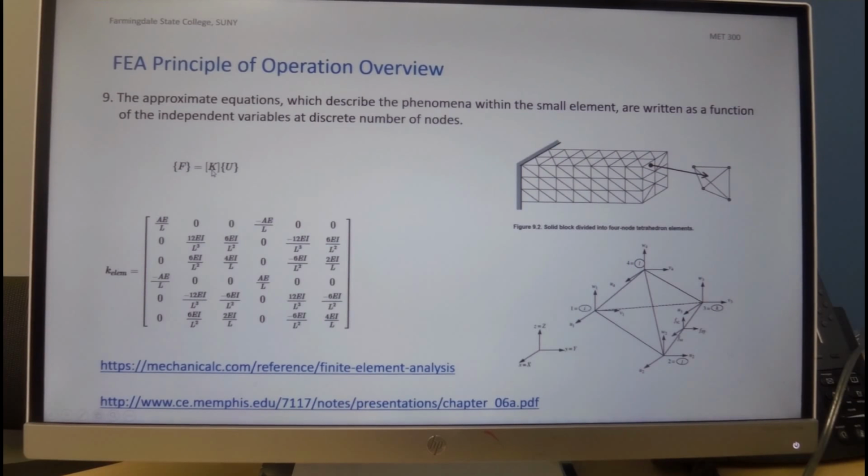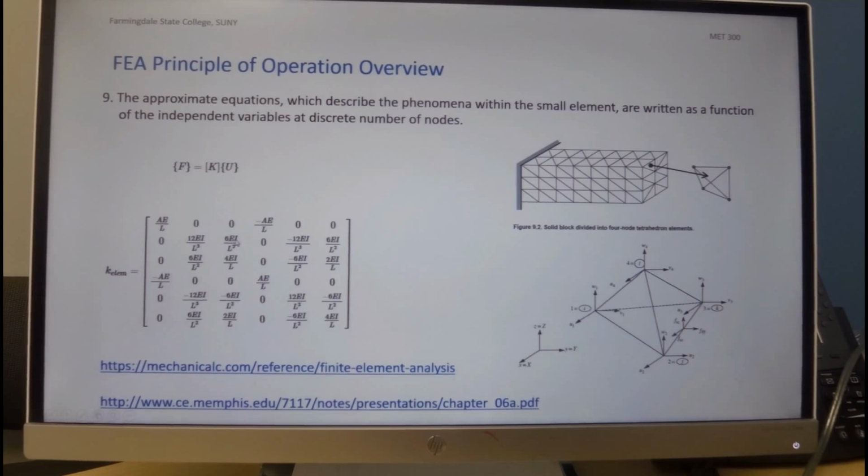F equals the stiffness times the deflection, and these are vectors, forces at the nodes and deflections at the nodes, and the stiffness for each element in this particular case is made of the characteristics of the element itself, such as the cross-sectional area, the length, and the modulus of elasticity.